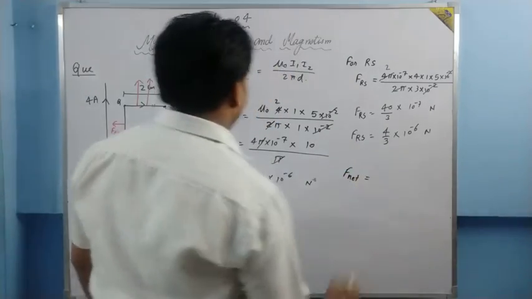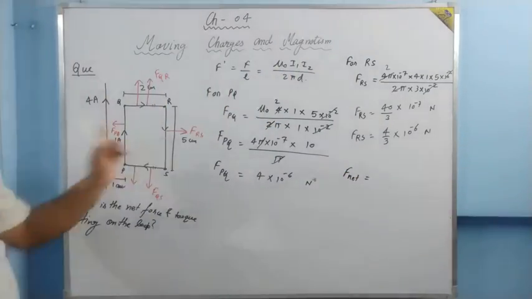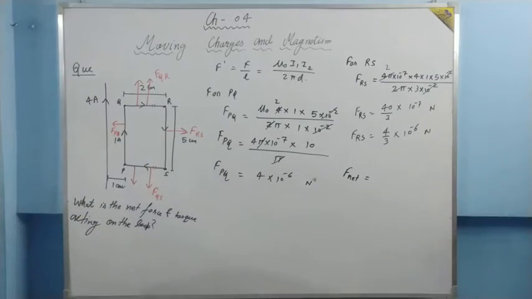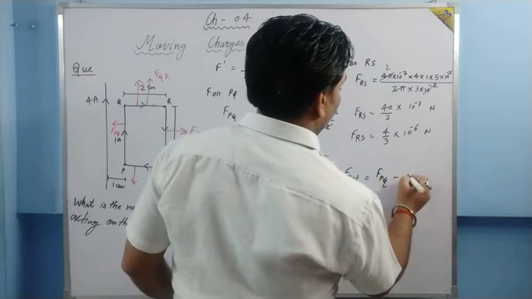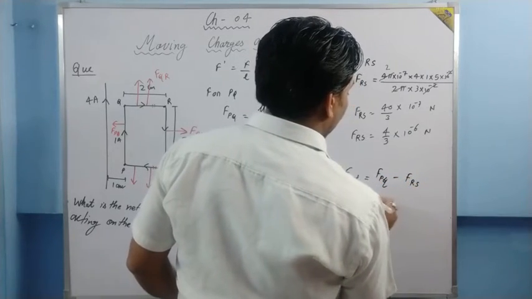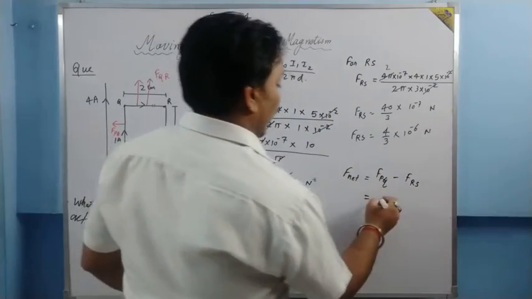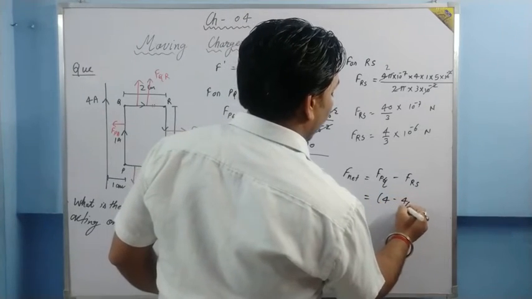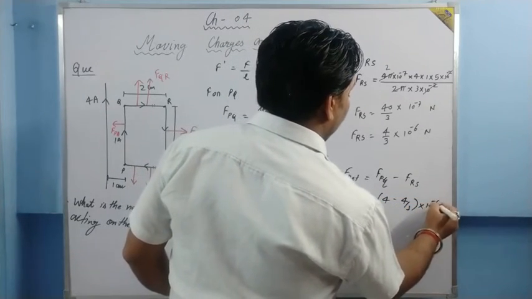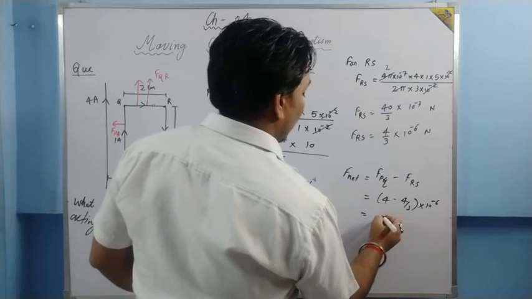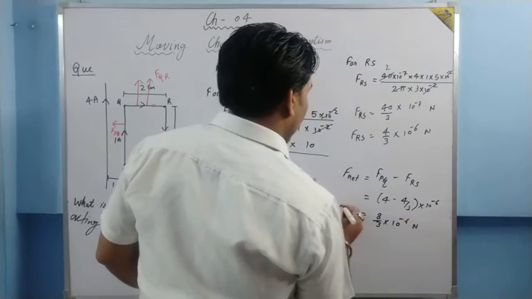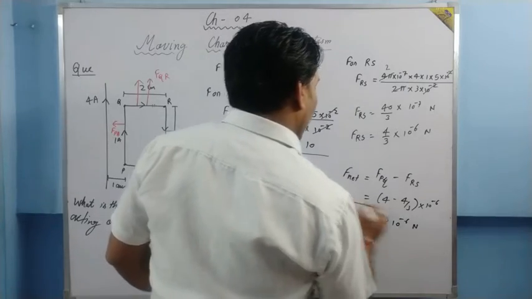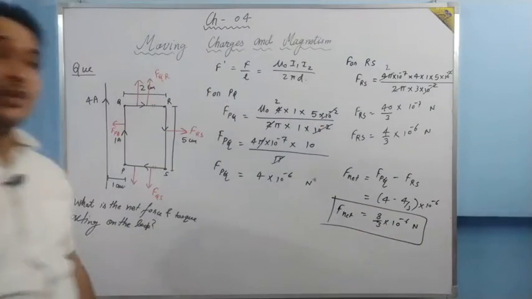As you can see in the diagram also, these two forces are opposite. So basically the bigger force is this one, FPQ minus FRS. 10 to the power minus 6, if we take common, 4 minus 4 by 3 into 10 to the power minus 6. 3 4s are 12. 8 by 3 into 10 to the power minus 6 Newton. This is the F net.